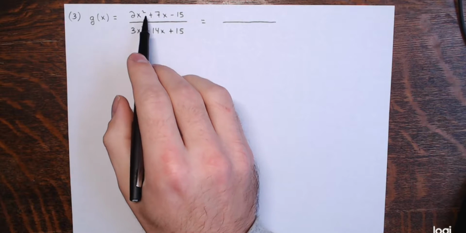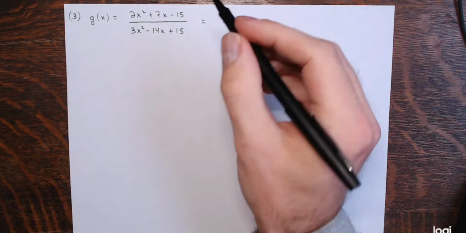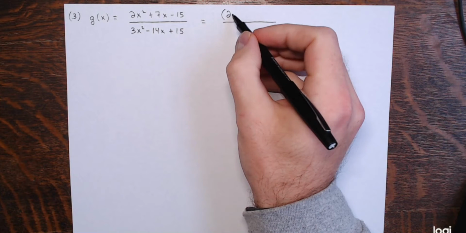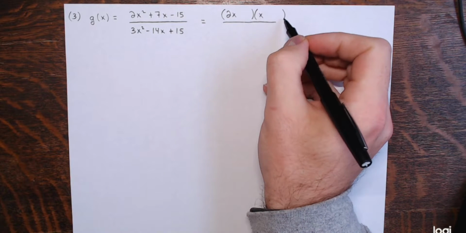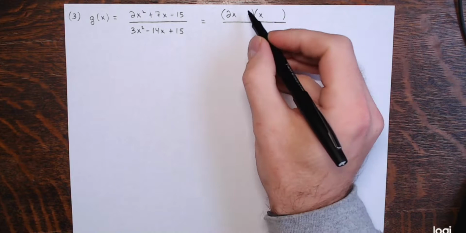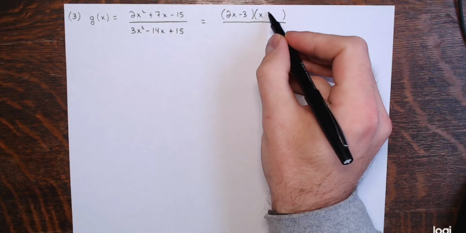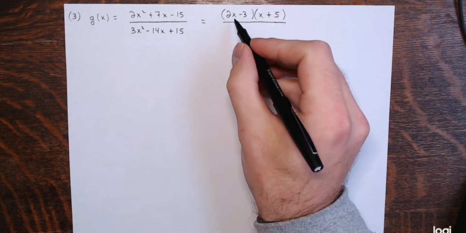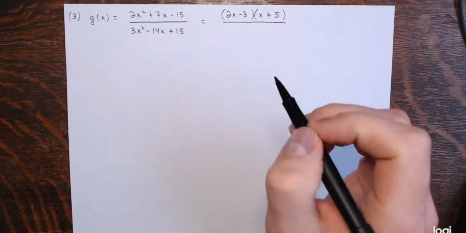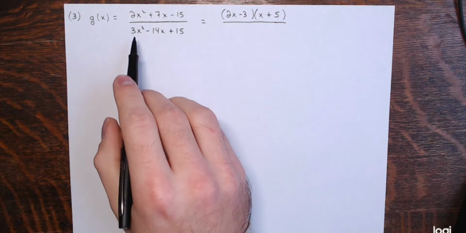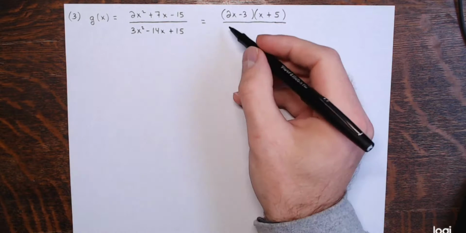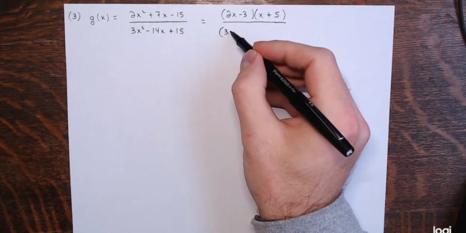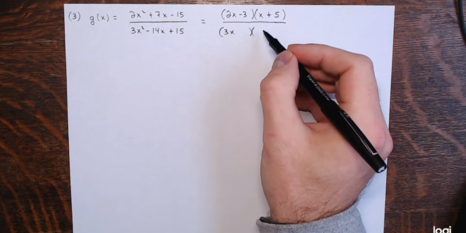Now 2x squared plus 7x minus 15 would factor to 2x minus 3 times x plus 5, because that's plus 10x minus 3x. And then 3x squared minus 14x plus 15, that would have to factor this way.